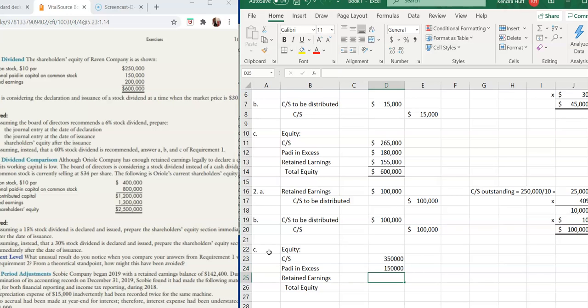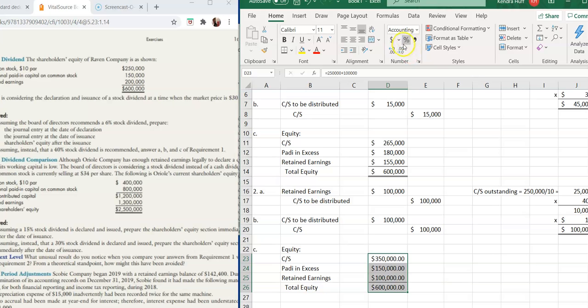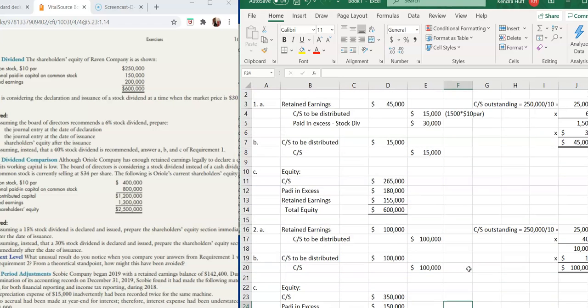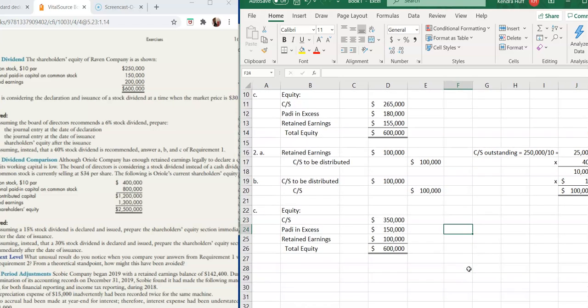We didn't have anything with paid in excess. And retained earnings was 200 and we took out 100. Add them up. And still 600,000. Alrighty, that's it for that one.